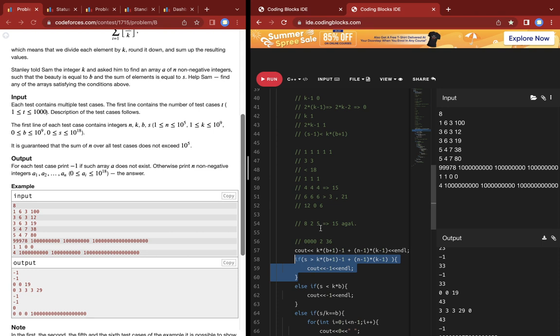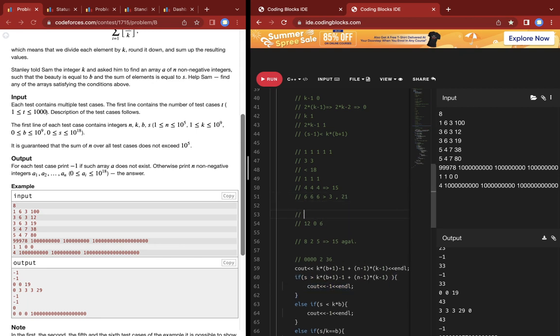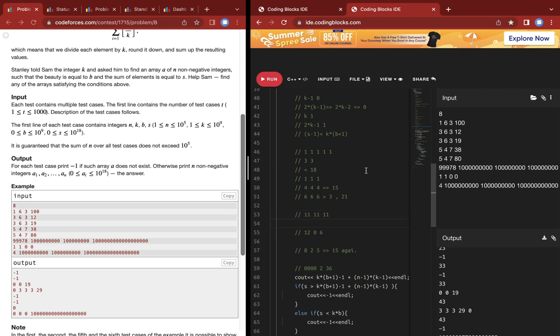So let's try this also, man. For maximizing the sum, for 12, we would take 11, 11, and 11, right? So the maximum sum right here is 33, right?